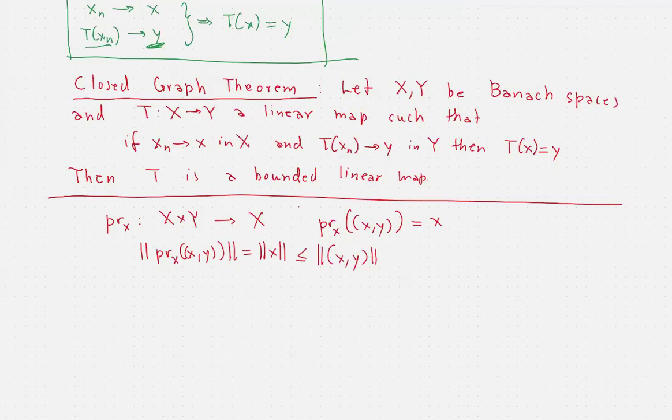That's what continuity is for linear maps, that the norm of the image is less than or equal to a number times the norm of the input. So this is continuous. Okay.